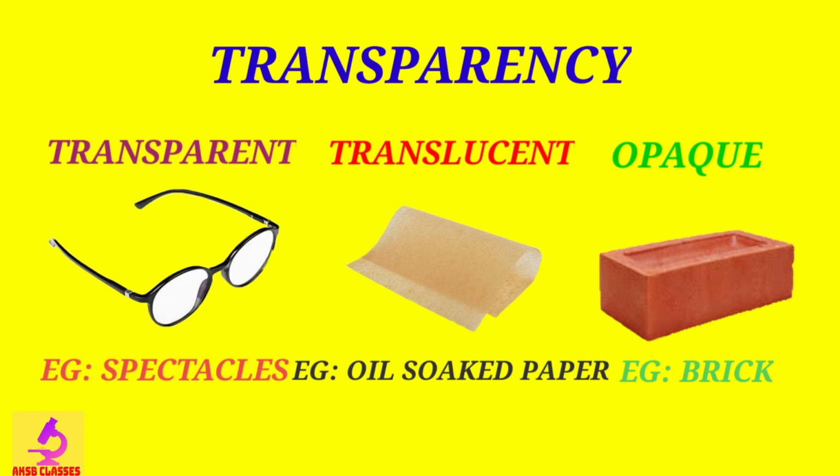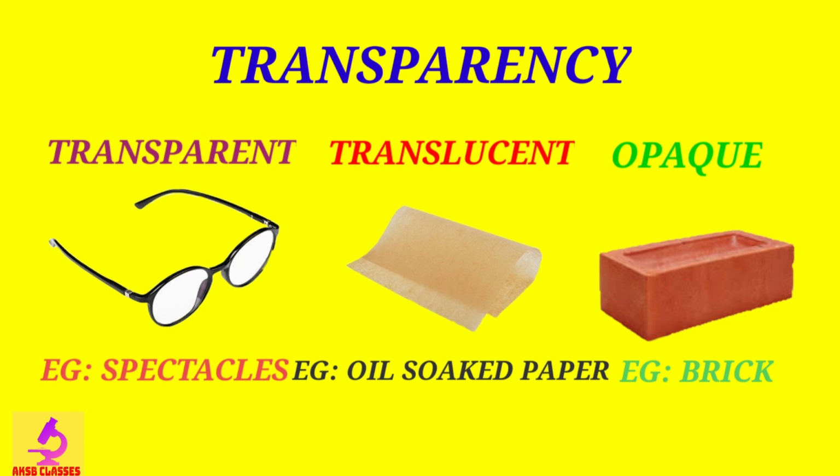Examples: spectacles, window panes, the glass inside vehicles like a car. It can be transparent, it can be translucent, it can be opaque.